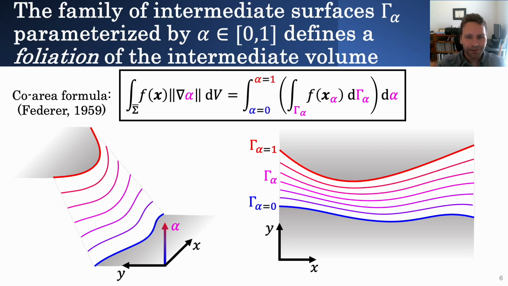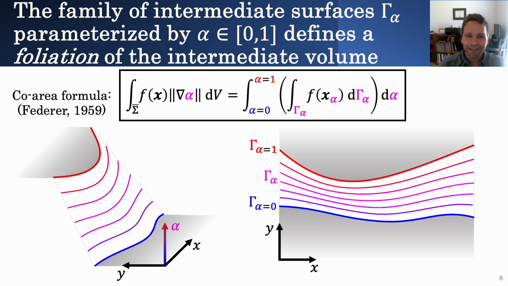Okay, so now the next step, rather than considering just one of these intermediate curves, gamma sub alpha, for the purpose of posing mortar integrals or doing any kind of integration over this intermediate surface, suppose instead that I were to consider all of them taken together as a parameterized family of curves. If I were to do this, I would define what is essentially a foliation of this intermediate volume, sigma bar.